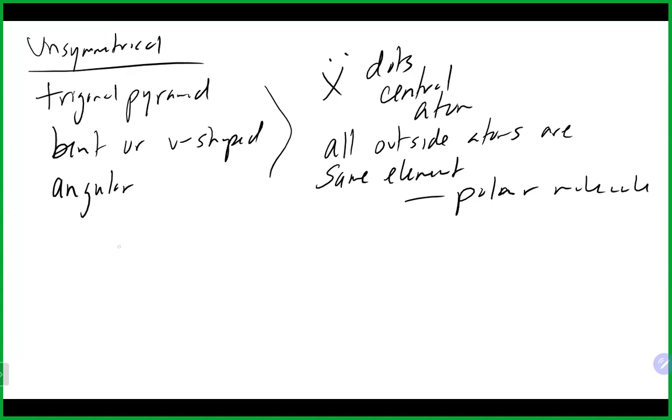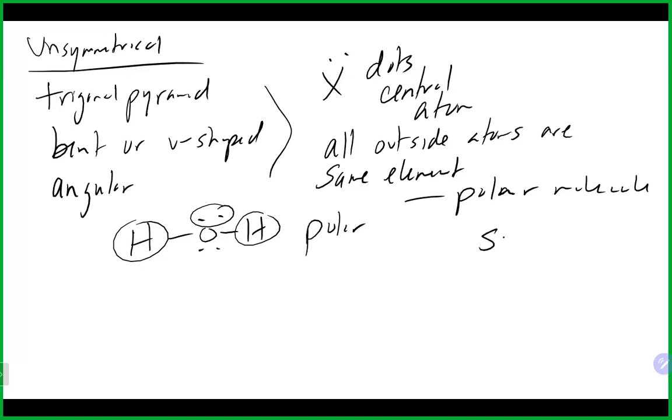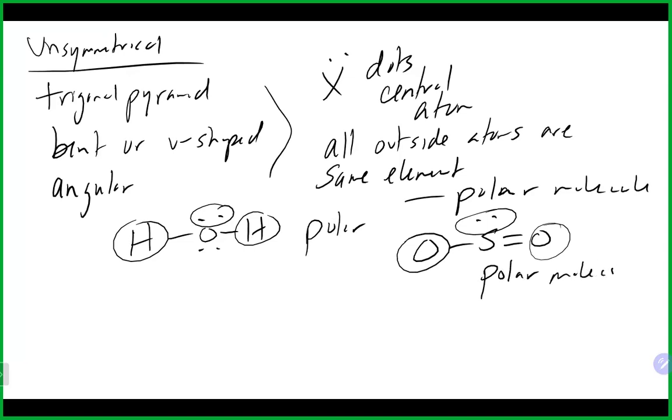So for example, water like we just did, I see dots, I see same elements on the outside, going to be polar. We did SO2 the other day too. We drew something like this. I see dots on the central atom, everybody on the outside is the same. It's going to be a polar molecule. I see NH3.